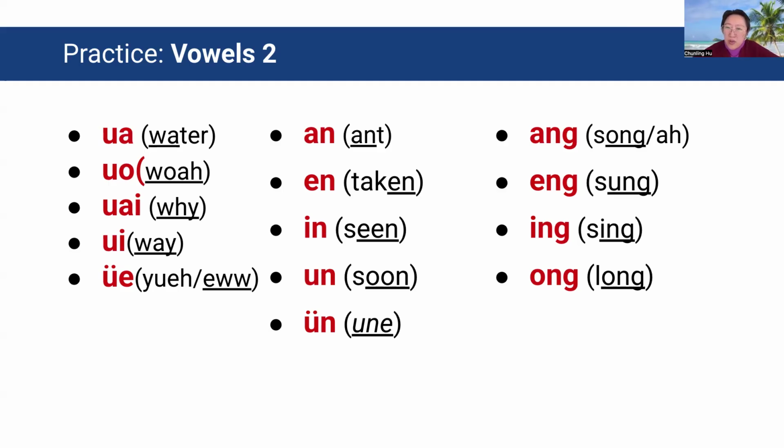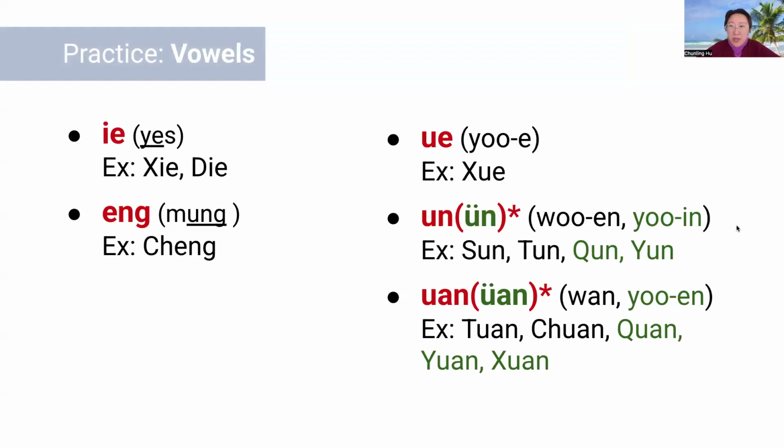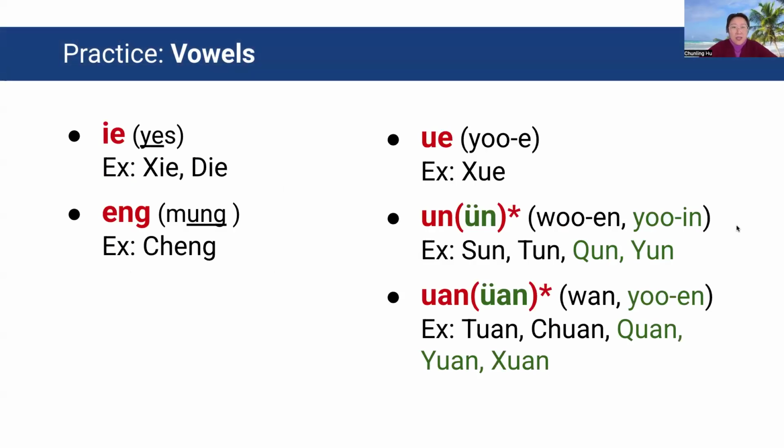It's similar to song and ah. When it is combined with a consonant, it makes much more sense. Okay, so we can go on with the next one, and if time permits, we can go back to these slides and practice. Okay, so these are the vowels.